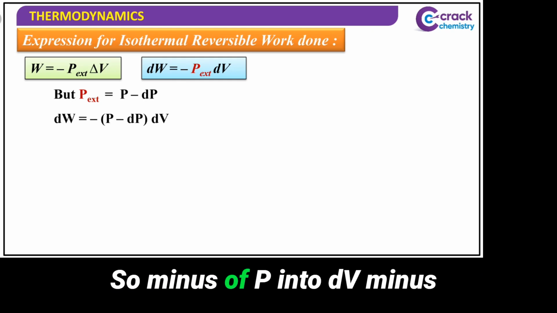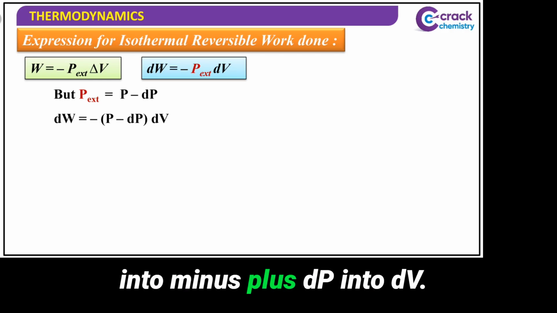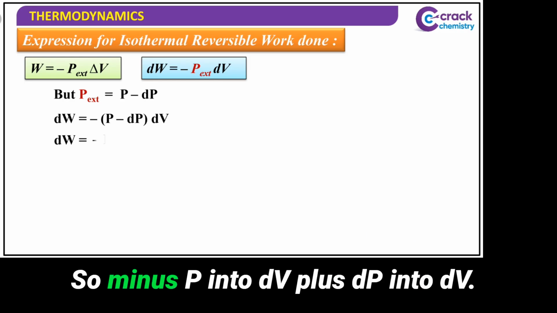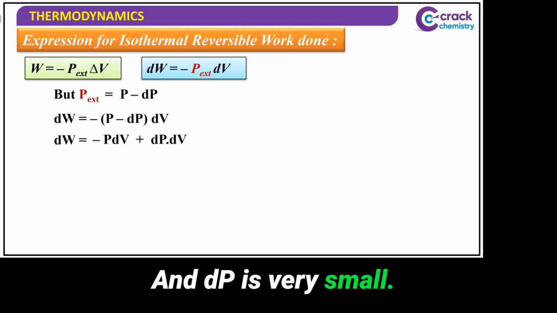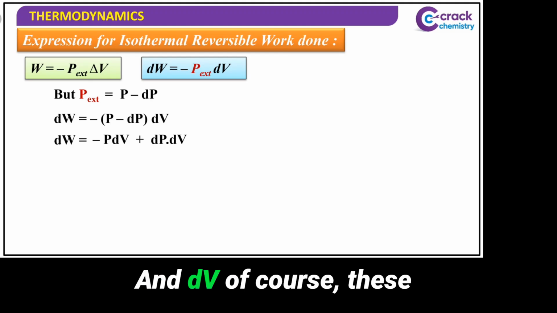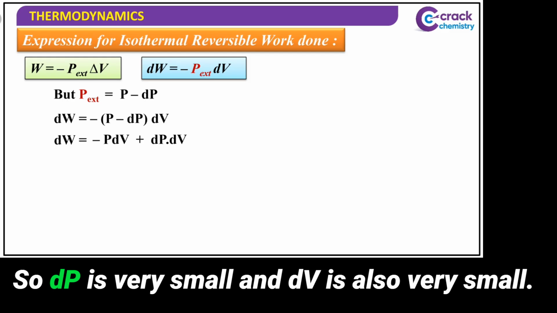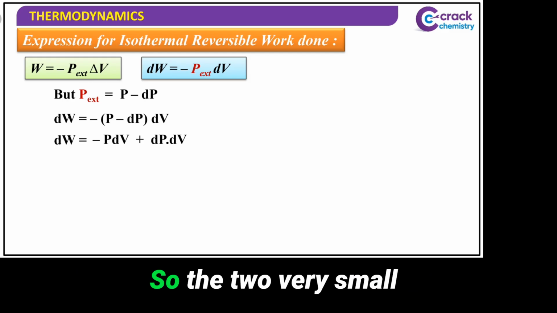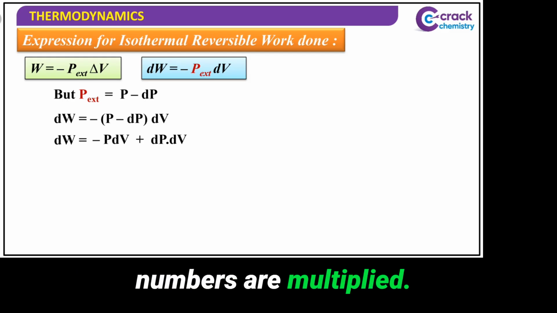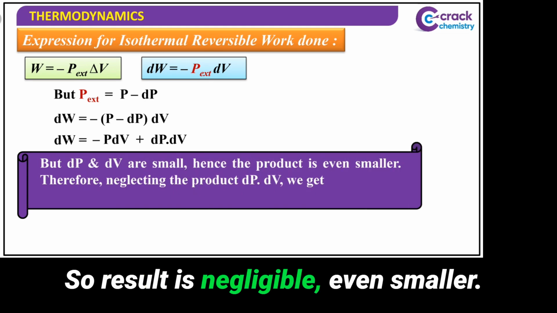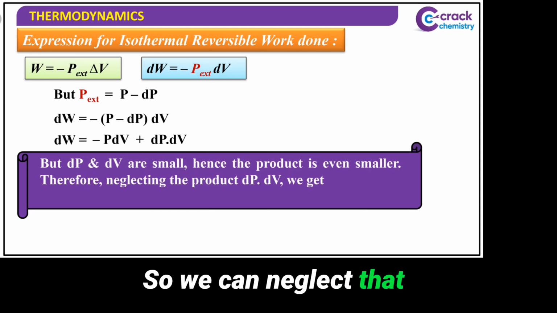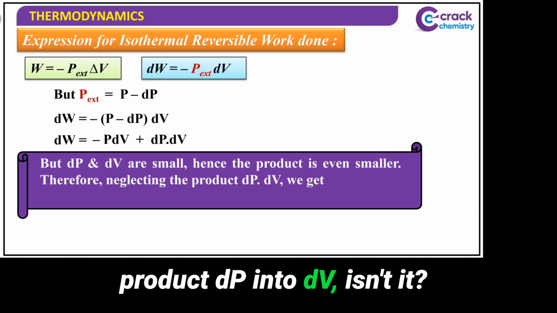So minus P into dV plus dP into dV. And dP is very small, and dV, of course, these are incremental changes. These are very small step changes. So dP is very small and dV is also very small. So two very small numbers are multiplied, so the result is negligible, even smaller. So we can neglect that product dP into dV, isn't it?